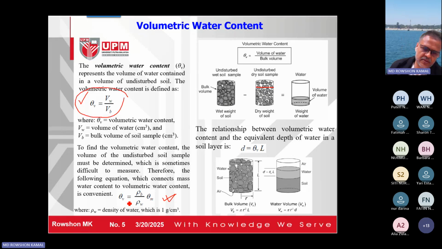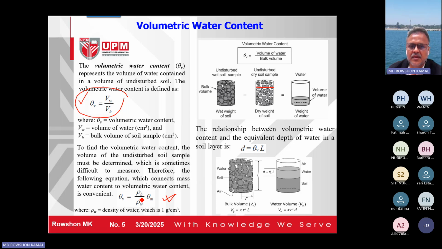Theta m means weight basis, okay. So you have to know the density of the soil, okay, bulk density, okay. This one is the bulk density. This is the rho and this is the b. So this is the bulk density.